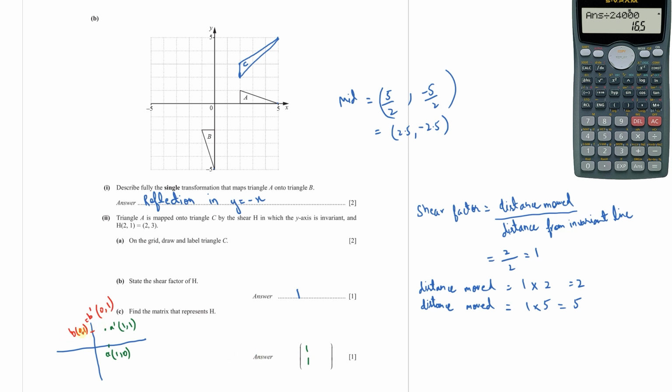That means the image of B, B dash, has coordinates (0, 1). So you write the second column, which is the column vector for B dash. That's how you find the transformation matrix for any transformation. You can simply take 2 points, (1, 0) and (0, 1), and apply the transformation. So the matrix that represents H is 1, 0 in the first row, and 1, 1 in the second row.